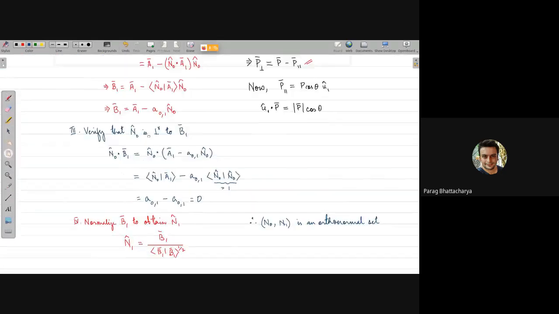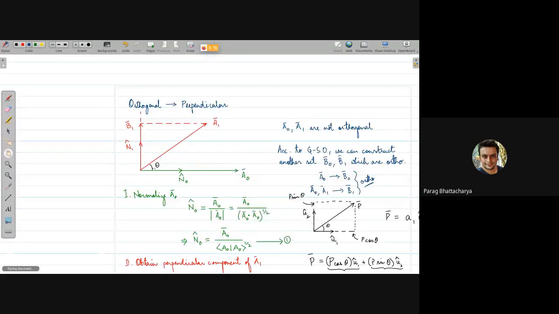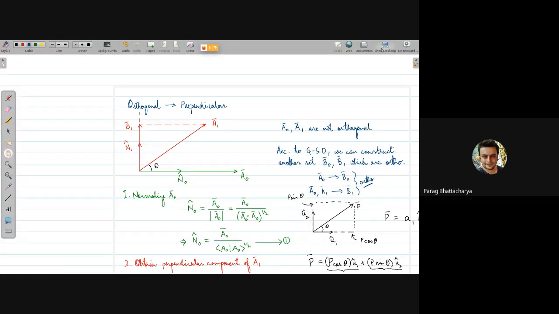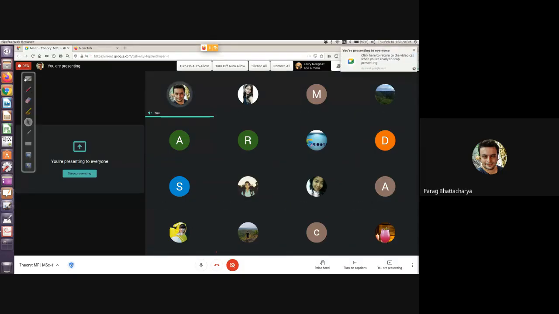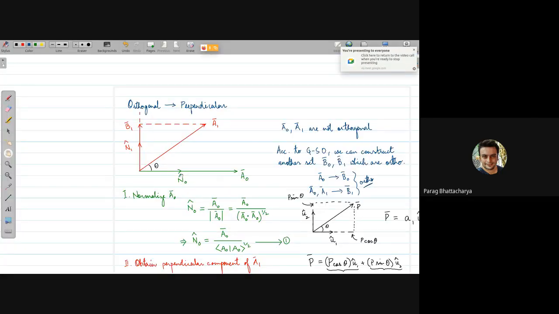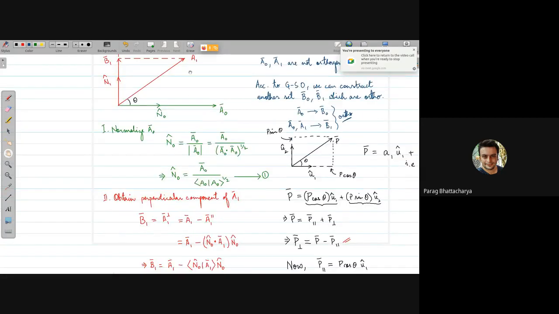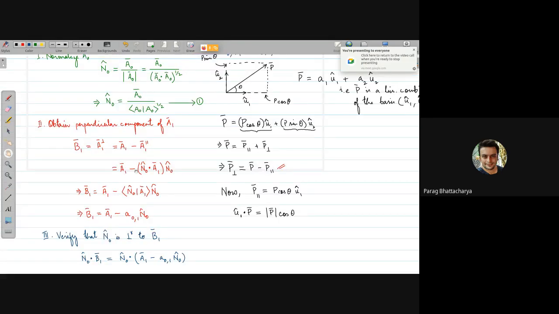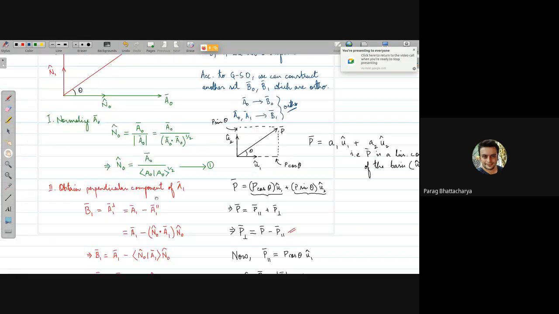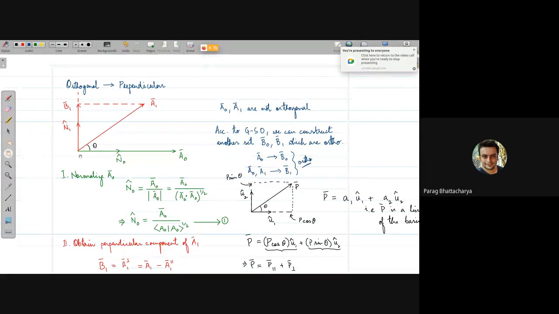Understood? So where did we start? We started with A0 and A1. From A0, we got N0, and from A1, we subtracted the parallel projection. Once we got rid of the parallel projection, the perpendicular projection is left behind.